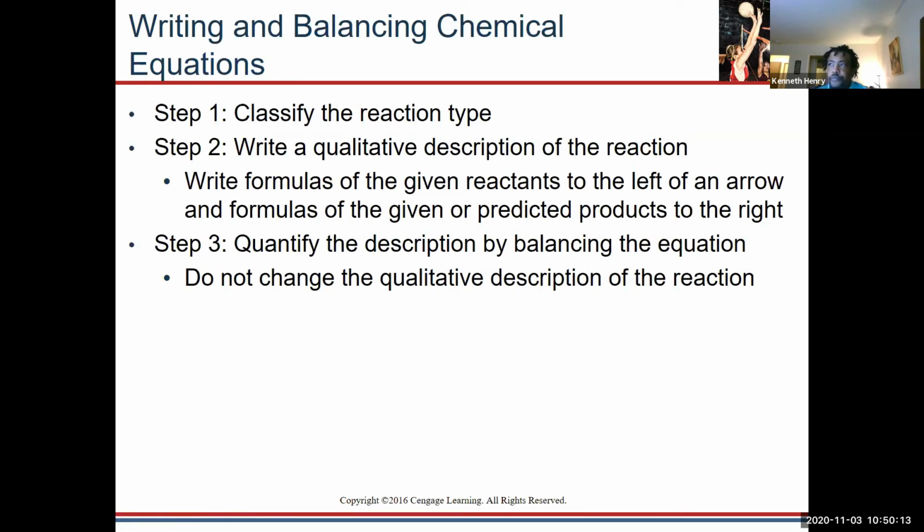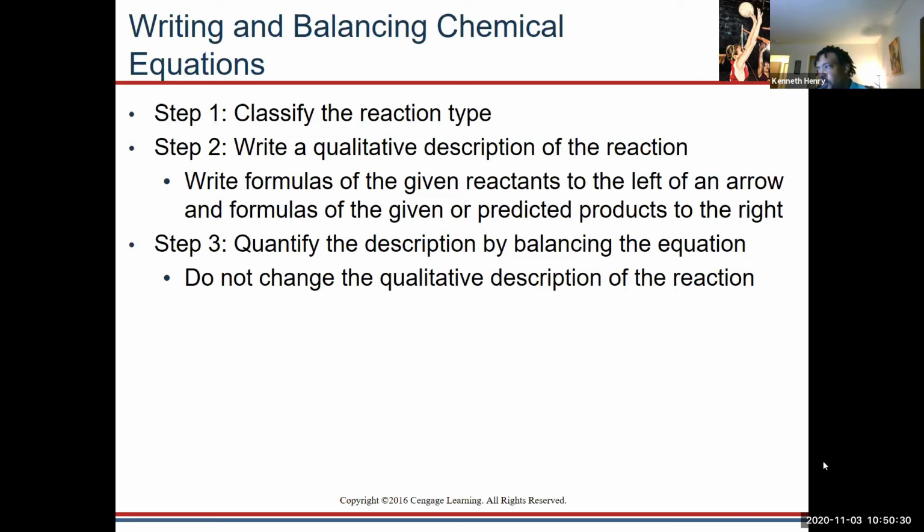If you classify the reactions, then you predict what your products are going to be from your reactants, and then balance the equation without changing what you have initially.